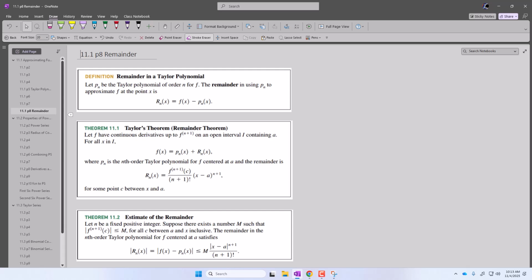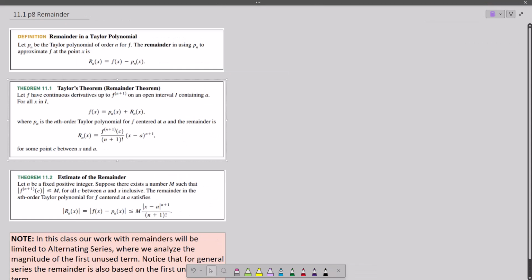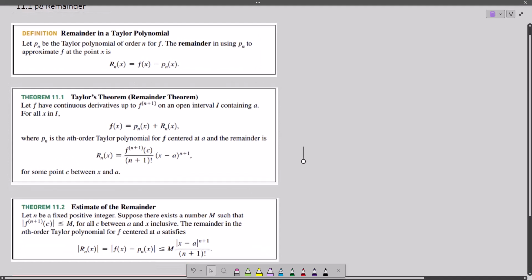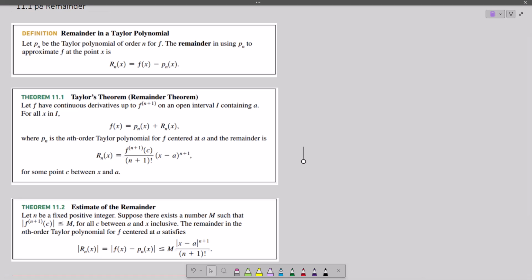All right, so now when we are dealing with these polynomials in general, we have a situation which looks very similar to what we did with series. With series, instead of a p sub n, we had an s sub n. S sub n was the estimate for the sum of the entire series. And instead of a function, we had a series that converged to, say, S. That's what the f is representing.